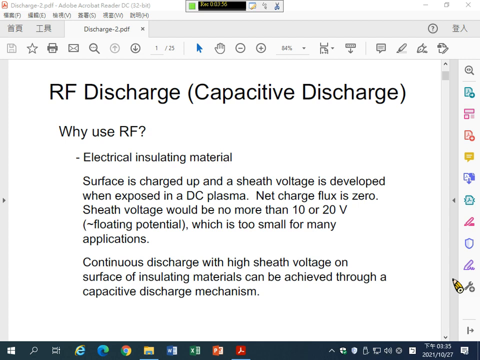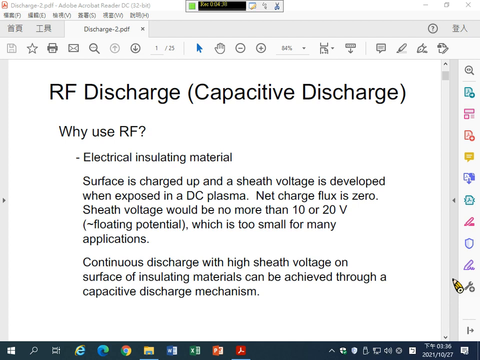Okay. And the second thing is about the continuous operation of plasma. In this case, if we place the insulating material on the surface of one electrode, the insulating material will also charge up at the beginning, by the capacitive mechanism.